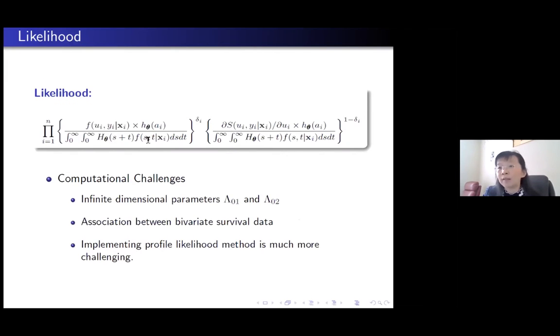So under this model specification and two conditional independence assumptions, we can derive the likelihood function of the observed data. Notice that the joint density function in the double integrals involves two non-parametric components, the two baseline hazard functions.